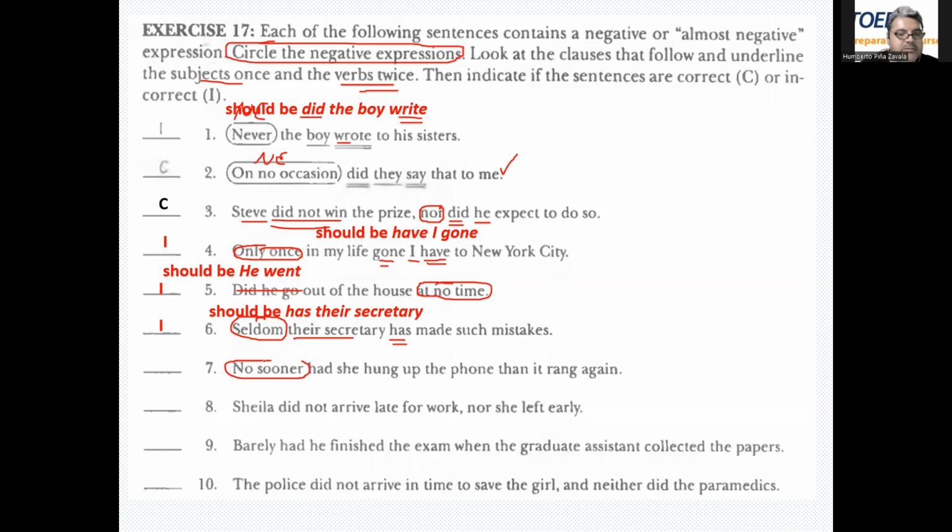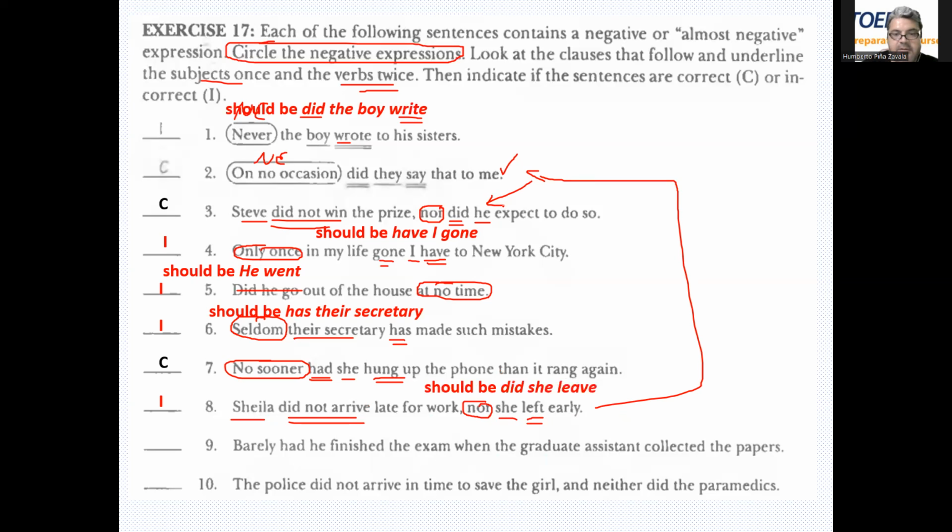No sooner had she hung up the phone than it rang again. That's correct. Sheila did not arrive late for work, nor she left early. So if we look at that, it should be nor did she leave early.